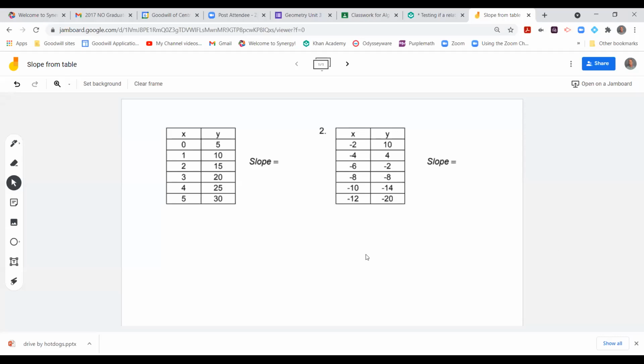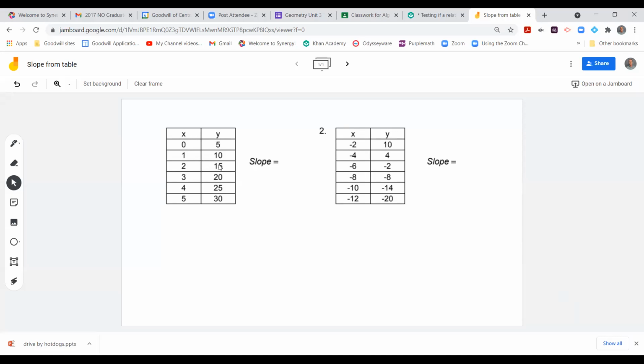So back to the tables here. We've got two different examples. Can everybody see both of these tables at home? First of all, I want to be sure I'm sharing the right screen. Yes. Okay, great. Do you notice anything about any of the ordered pairs? Because that's all these really are; this is just another way to show ordered pairs, right?